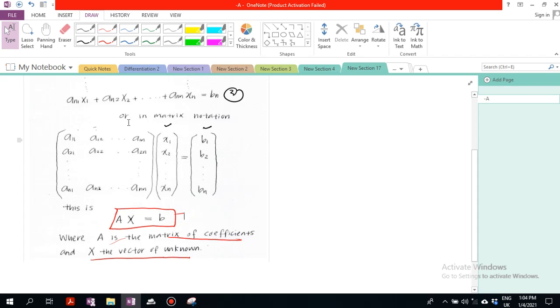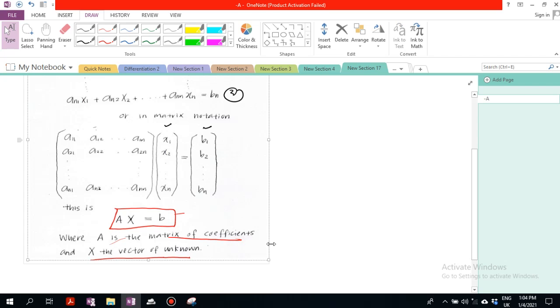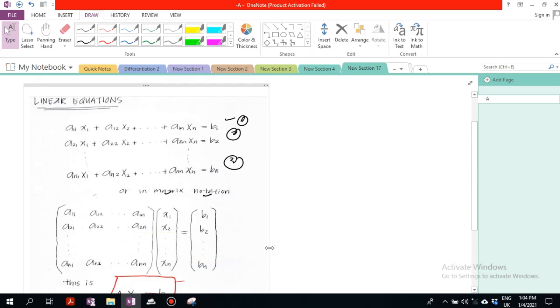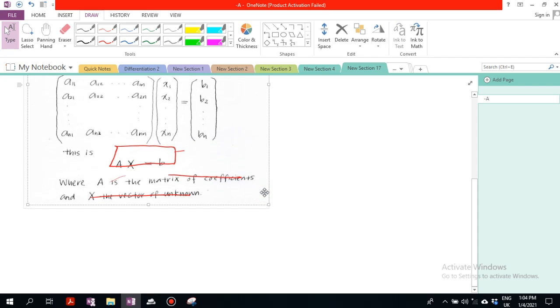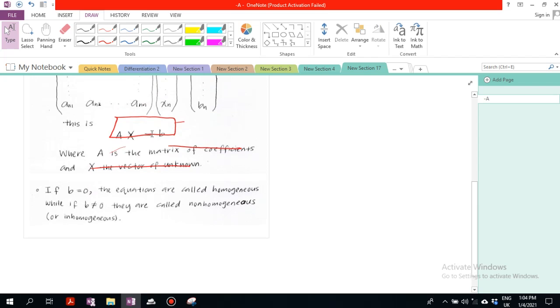So this concept is valid if your b is equal to 0.